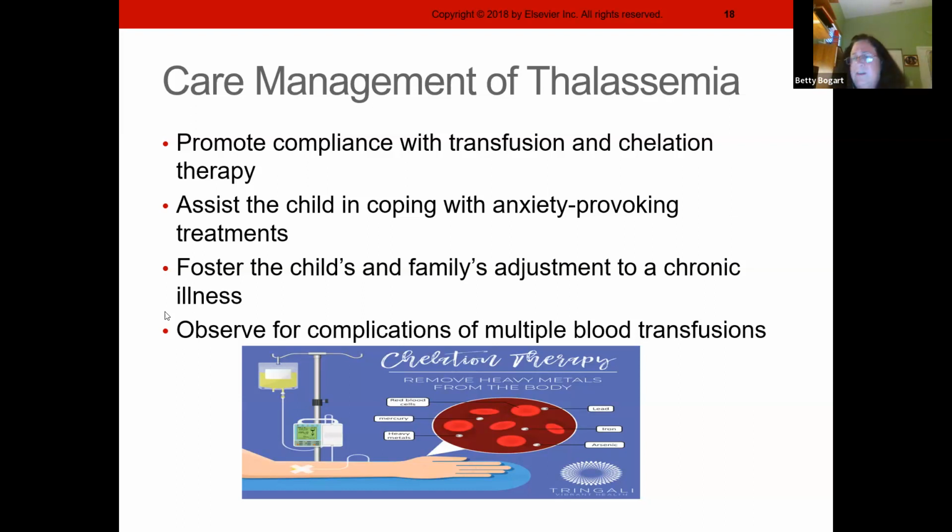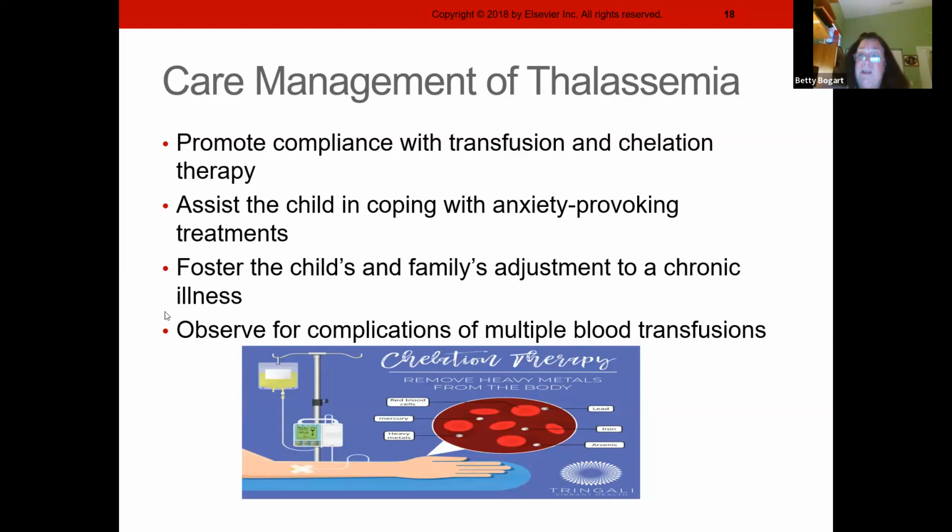Usually they have ports that they put in so that, we numb them, put it in, but it is a lot of anxiety. And these poor children and families are dealing with a chronic condition which requires intensive care. So one thing that can happen, yes, we can give blood transfusions, but many times children, can you imagine if they had a very rare blood type and they need blood transfusions all the time?